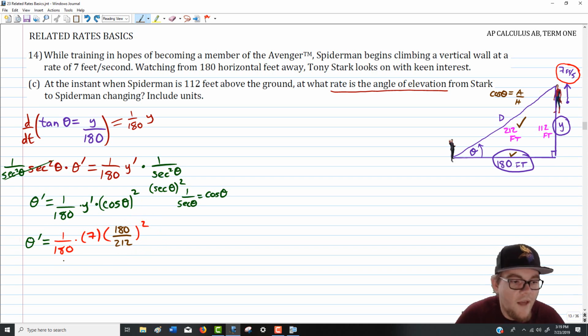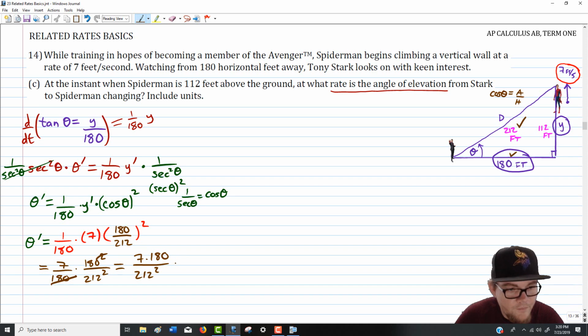Technically we don't have to simplify it, but it's always nice to simplify where you can. So, a couple little pieces here just to clean up the work. This is 7 over 180 times 180 squared over 212 squared. So notice that one of the 180s divides out, and you're left with 7 times 180, which I could simplify if I wanted to, but I don't really want to, over 212 squared.